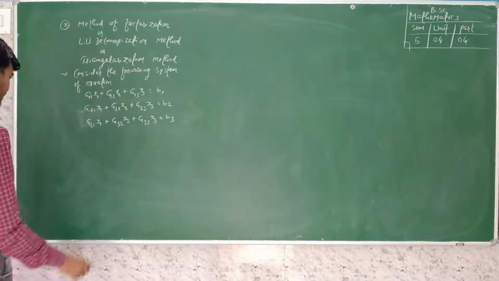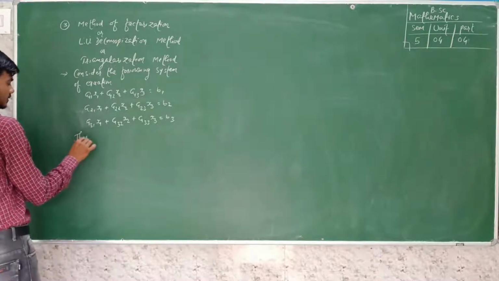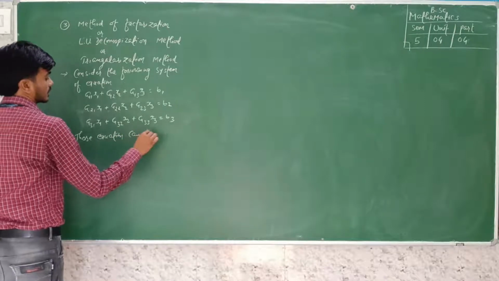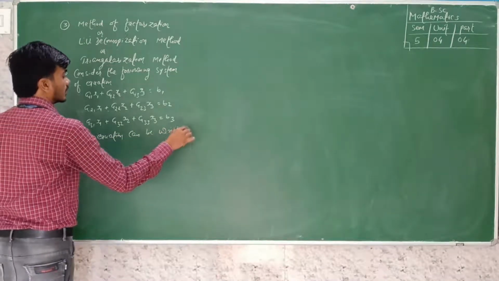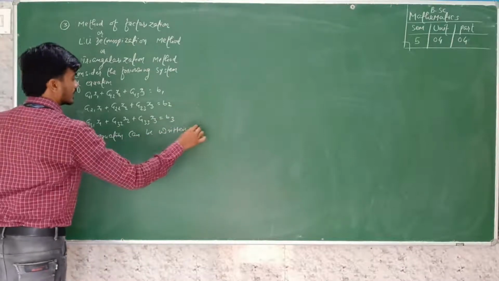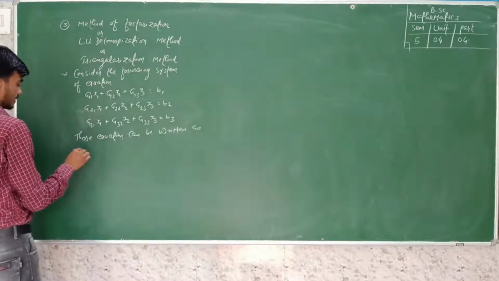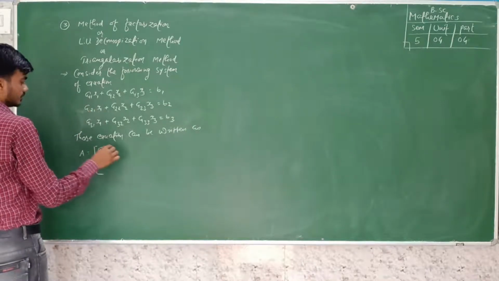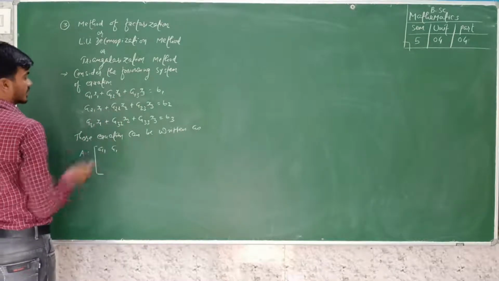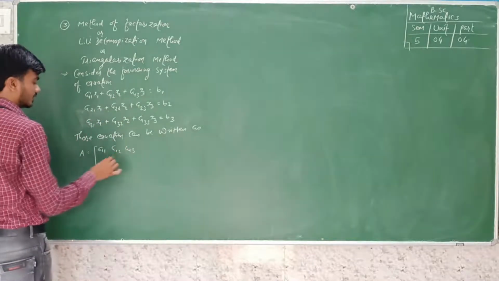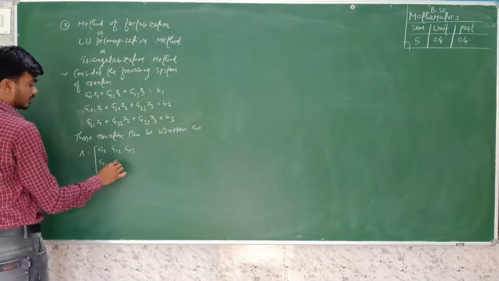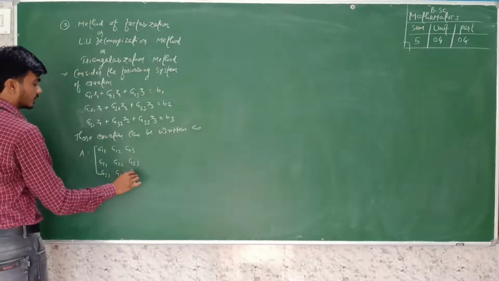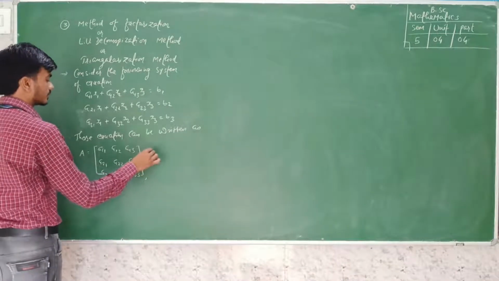This equation can be written as follows. Suppose A is equal to the matrix of coefficients of x1, x2 and x3: a11, a12 and a13; a21, a22 and a23; a31, a32 and a33.